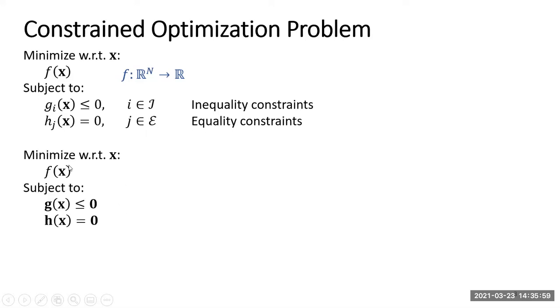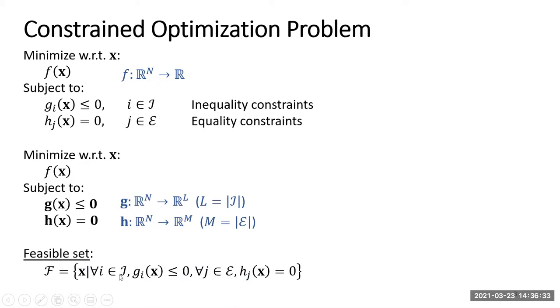And so in vector form, this will be minimize f of x subject to, now we have a vector function here, g of x less than or equal to 0, and h of x equal to 0. Where g is a mapping from n dimensions to L dimensions, where L is the cardinality of the set of inequality constraints, and h is a mapping from n dimensions to m dimensions, where m is the cardinality of the set of equality constraints.